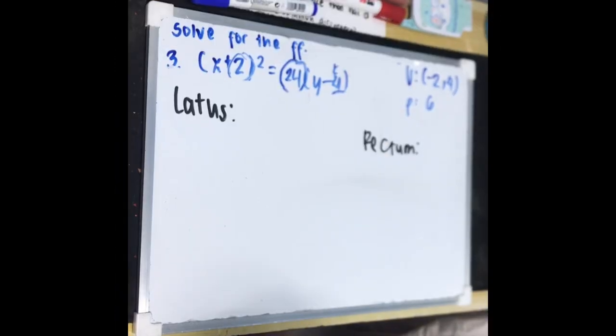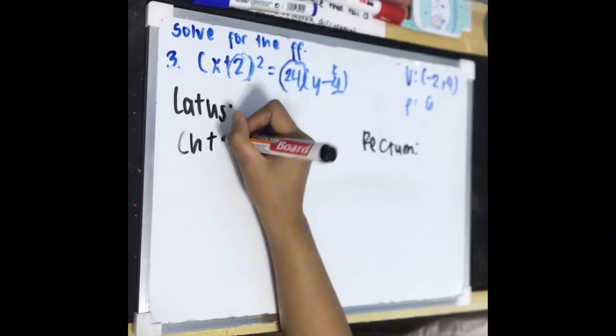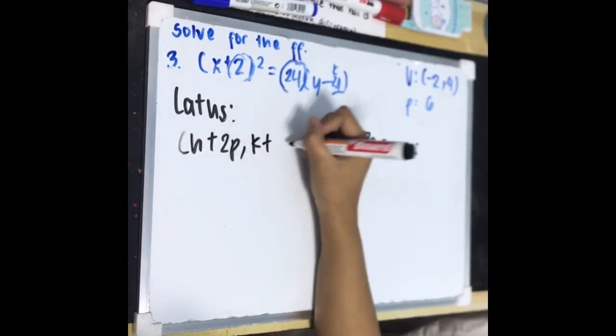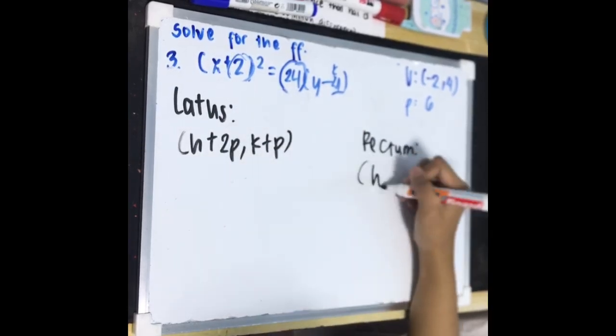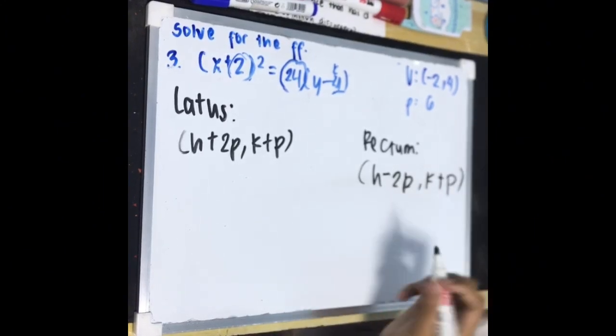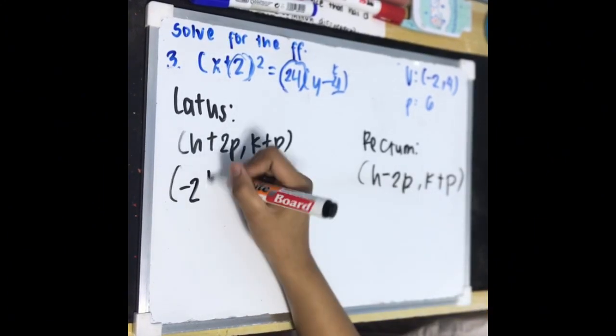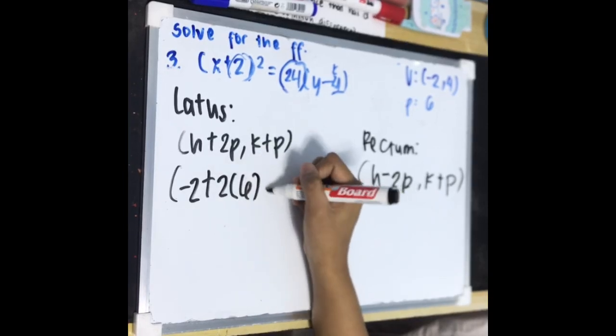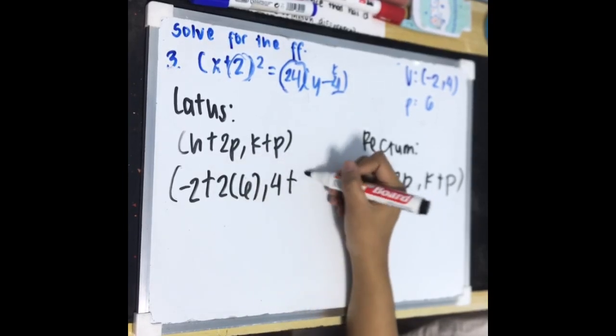To solve for the latus rectum endpoints, we're going to use the formula h plus 2p and k plus p, and here is h minus 2p and k plus p. Our h is negative 2 plus 2 times p, which is 6, and k is 4 plus p, which is 6.